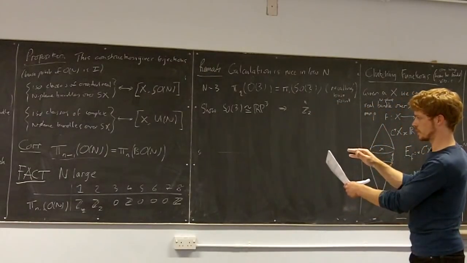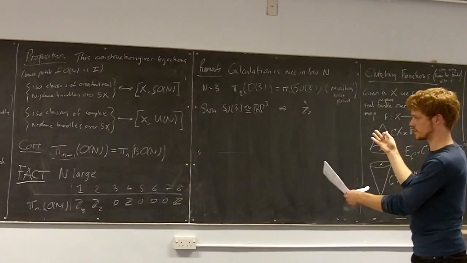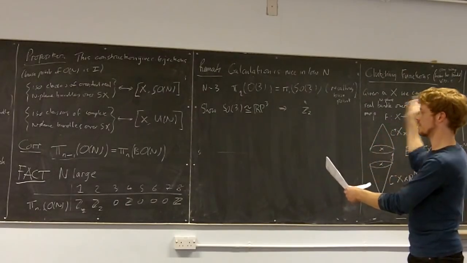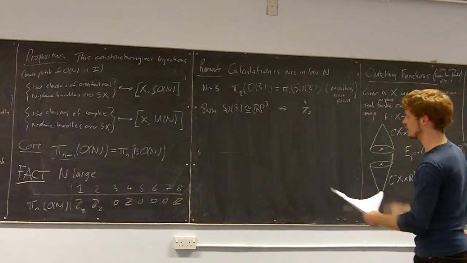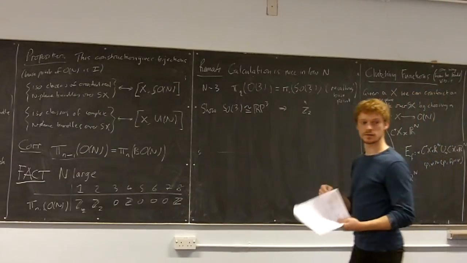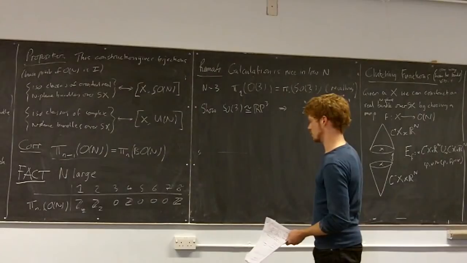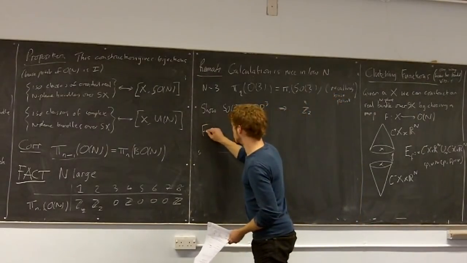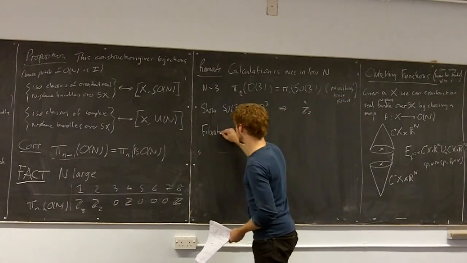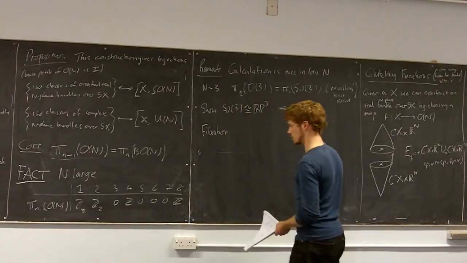To get the stable part, so saying that this is true for n large forever, you have to use a fibration sequence, that's what you have to do for this one. So then there's this fibration sequence.